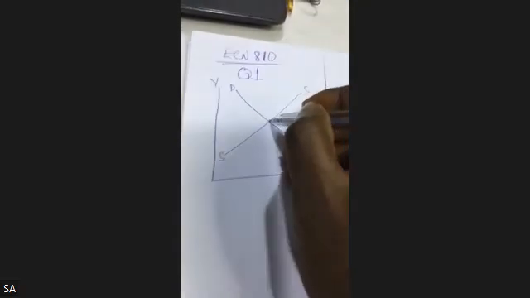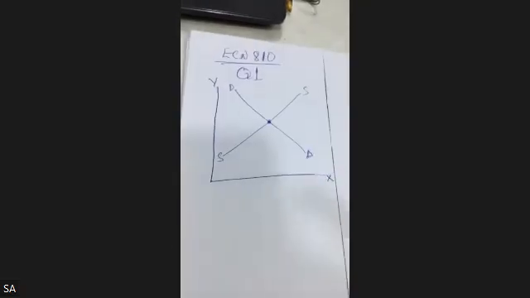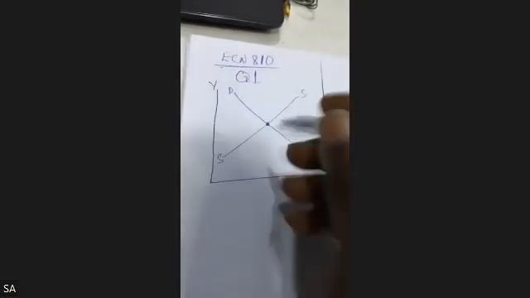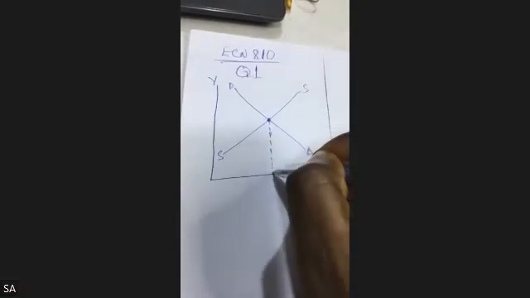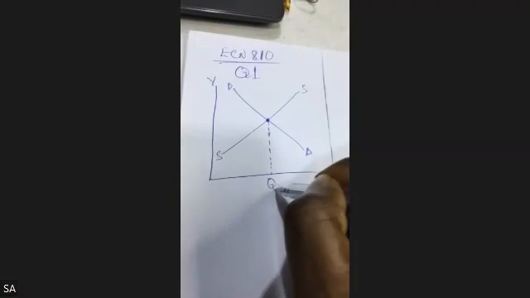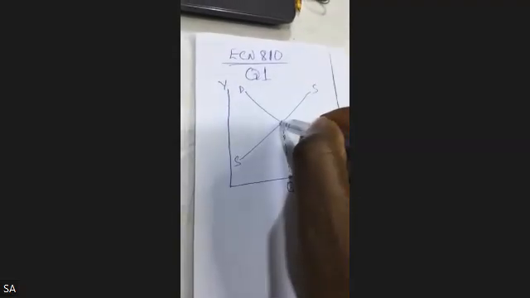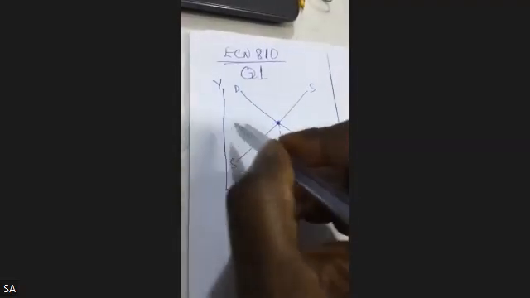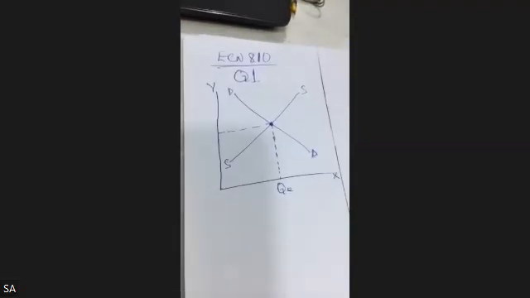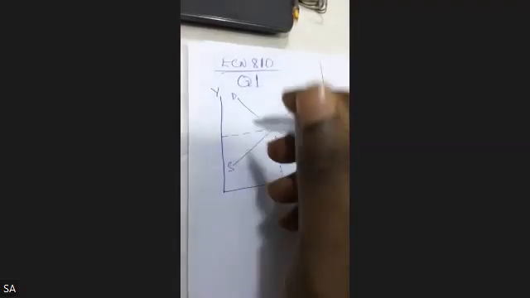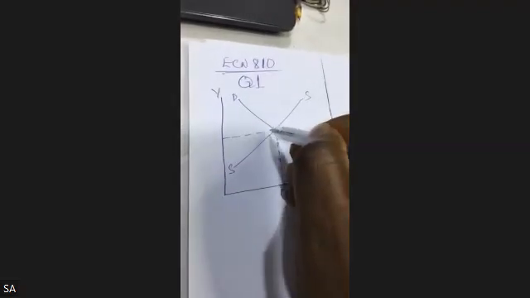The equilibrium position is actually the point of intersection. Okay, so we have the equilibrium quantity. So this is QE. Then we have the equilibrium price.